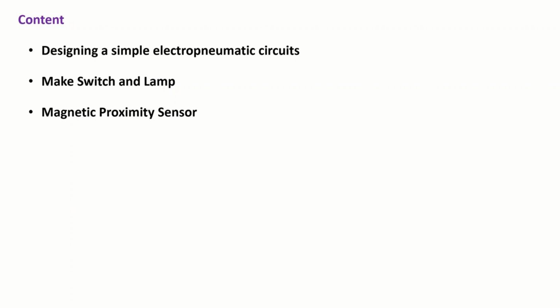And also we will look at magnetic proximity sensors, how we can use them to sense a specific position of the piston within an actuator. These are the main contents that I'm going to focus on in this video.